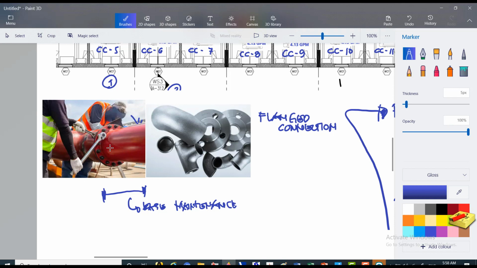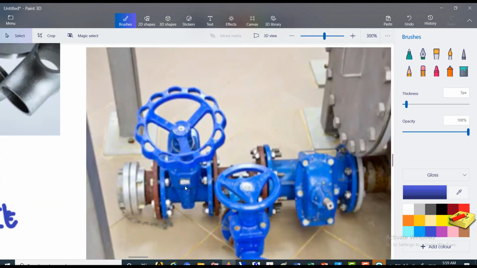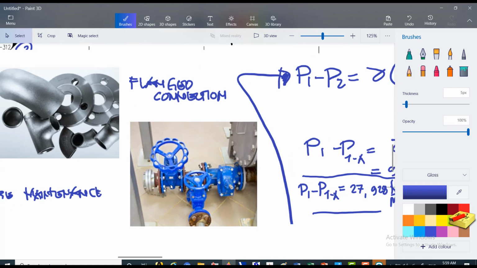But in mga industrial process, mostly it is for ease of maintenance. Okay? And also yung mga fittings natin, yung mga gate valves, I'll show you. So tulad na lang nito, we have your gate valves. So mapapansin nyo, they are on flange connection.